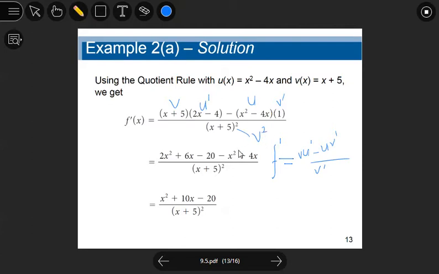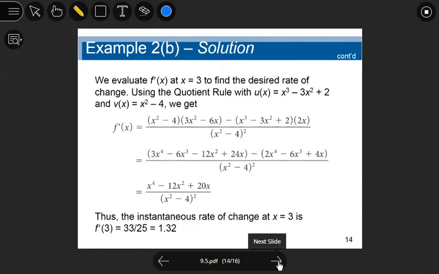So now simplify these brackets and finally you can obtain this answer. Then it is given that you have to find the instantaneous rate of change at x equal to 3. So what you need to do now is substitute 3 for x. So this is your final answer, 1.32.